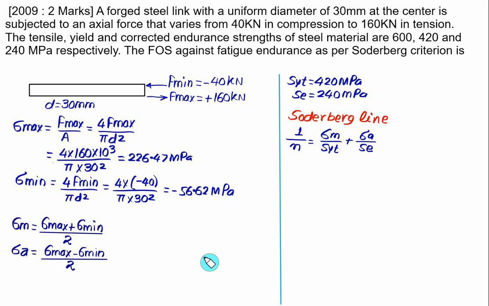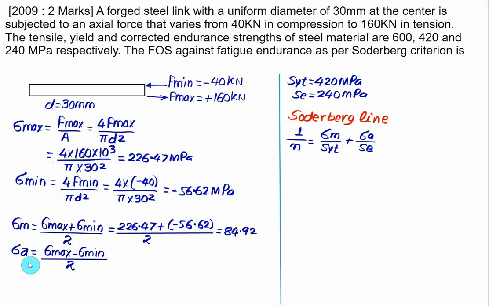Then we'll keep our two calculations ready: one is the mean stress and one is the amplitude stress. Mean stress is sigma max plus sigma min divided by 2, so 226.47 plus minus 56.62, divided by 2. The mean stress comes out to be 84.92 megapascal.